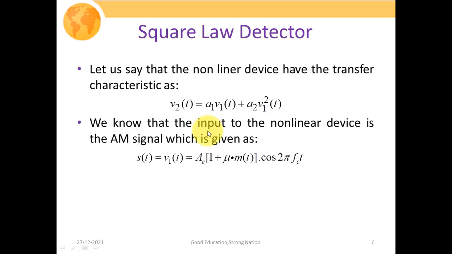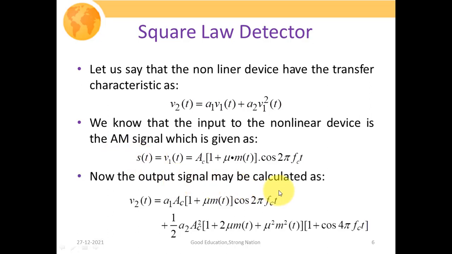We know that the input to the nonlinear device is the AM signal, which is given as s(t) = Ac [1 + mu m(t)] cos(2 pi fc t), where mu is the modulation index of your AM signal, Ac is the peak amplitude of your carrier signal, and fc is your carrier frequency. So this signal s(t) is the input to your nonlinear device, which is your modulated signal.